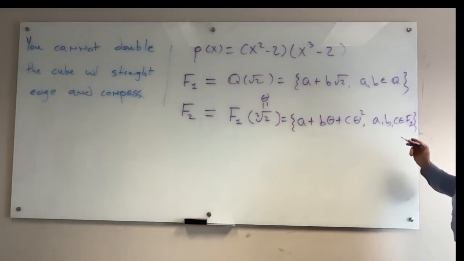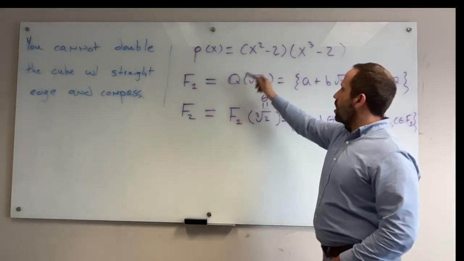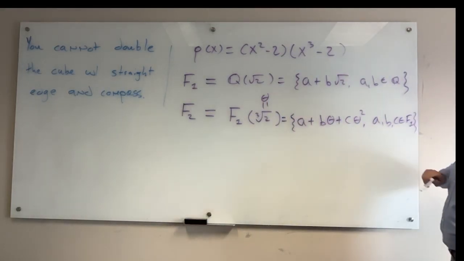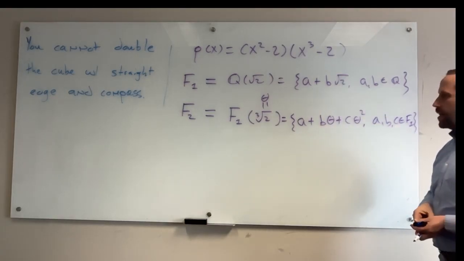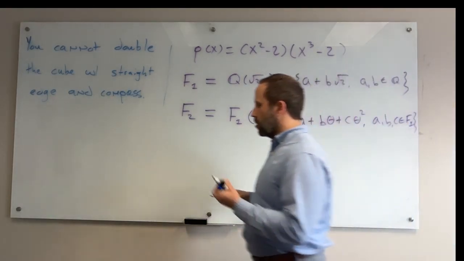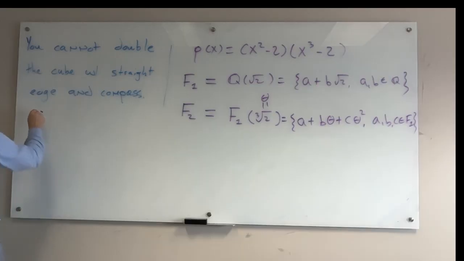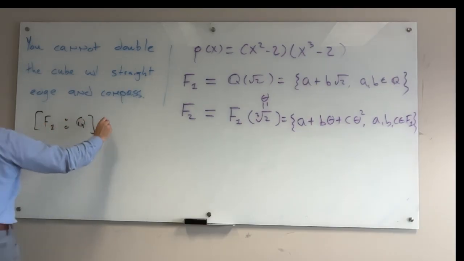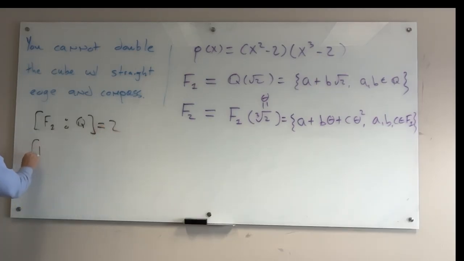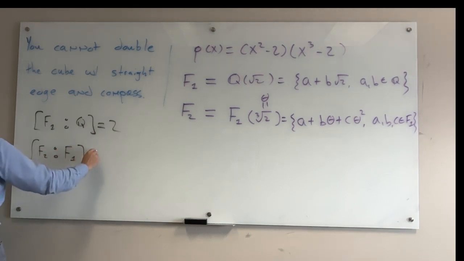Okay, and so notice what happens. The degree of F1 over Q is equal to 2. The degree of F2 over F1 is equal to 3. And there's a notation for that.